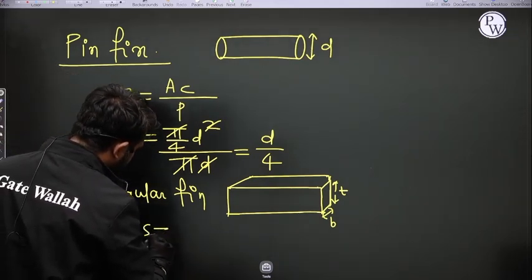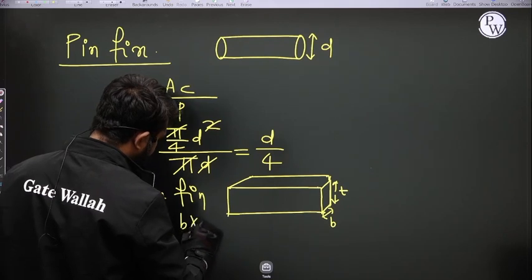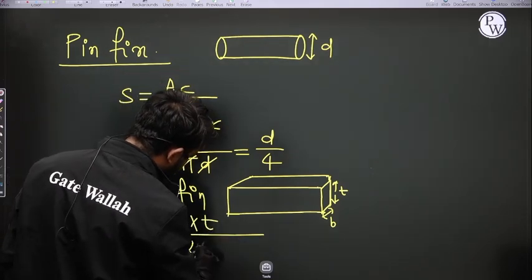S is equal to the cross-sectional area, that is B into T, divided by the perimeter, that is 2 times (B plus T).